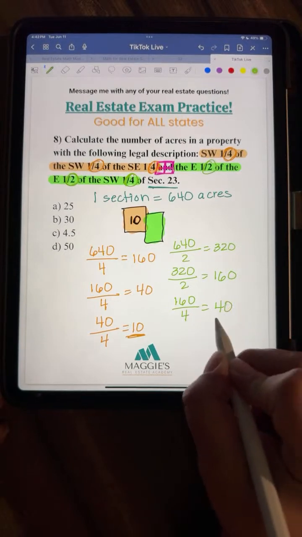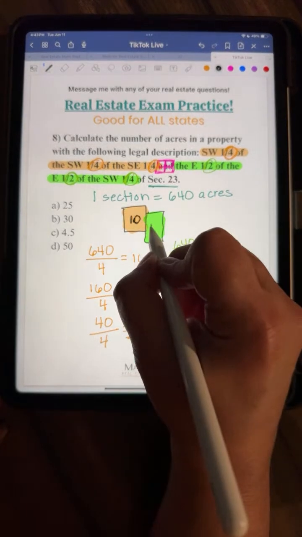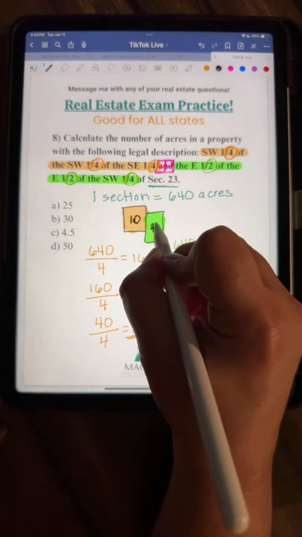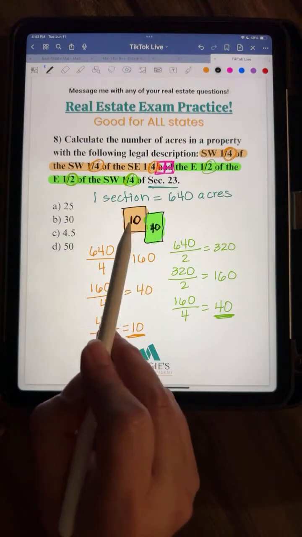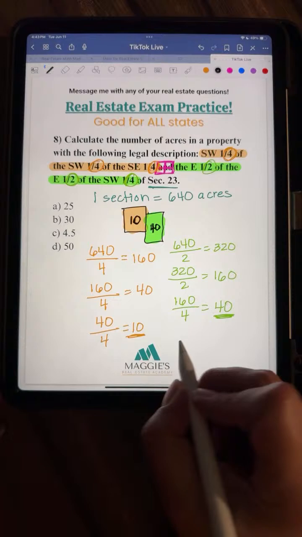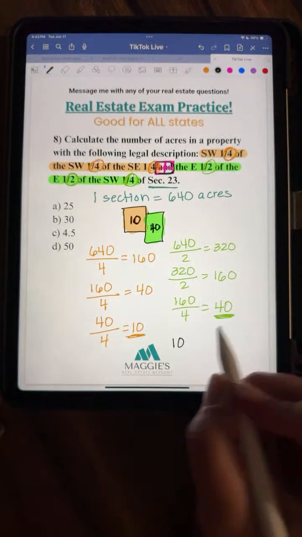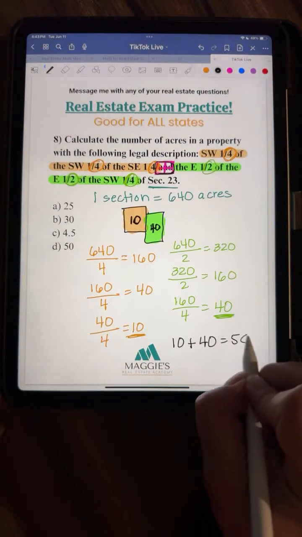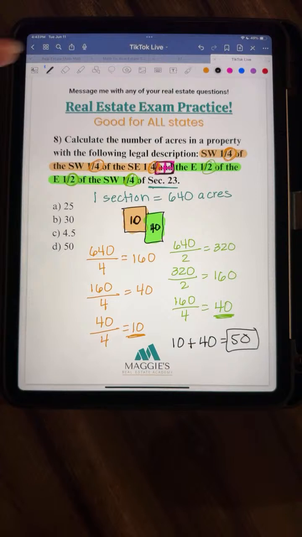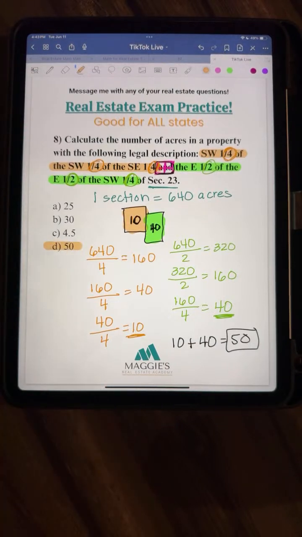That's 40. So this plot of land is 40 acres. So if they own those two plots of land, how many acres is it? 10, plus 40. So we're left with 50 total acres. So the answer here is D.